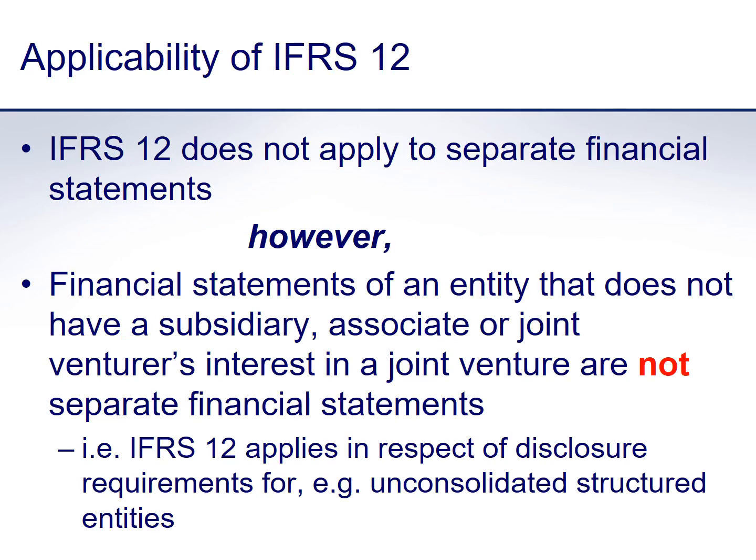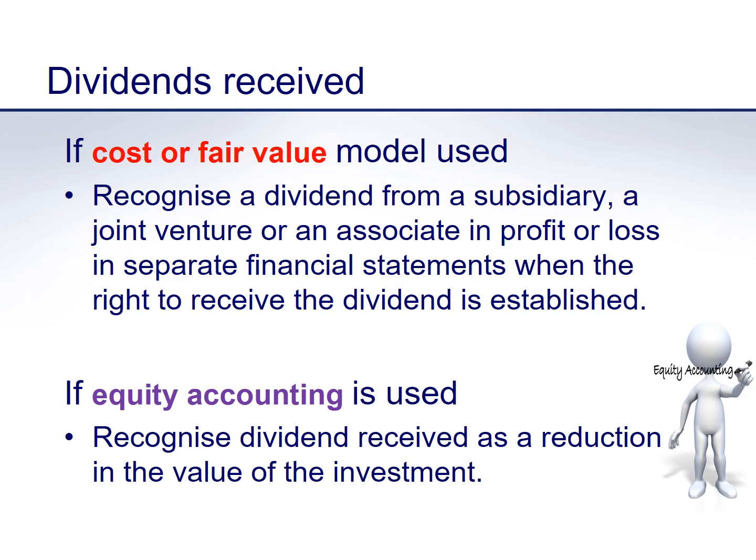Apart from the investment entities point on the previous slide, IFRS 12 does not apply to separate financial statements, but there are some IFRS 12 disclosures required for an entity that does not have a subsidiary, associate, or joint venture, in respect of, for example, unconsolidated structured entities, which I'll explain in just a moment.